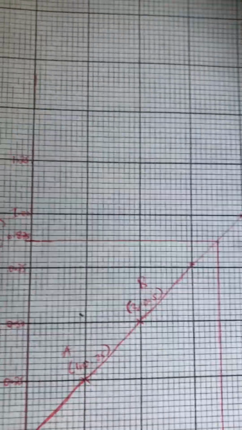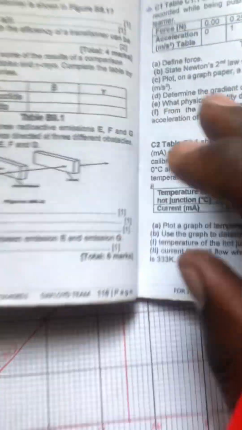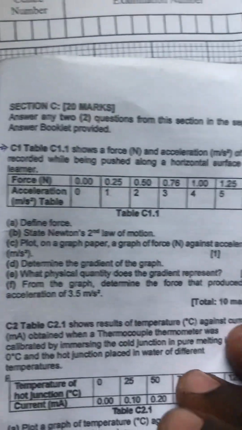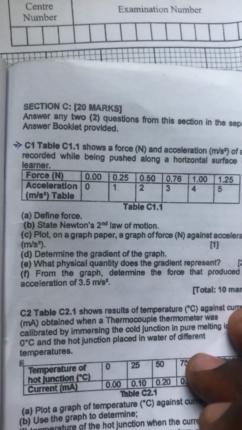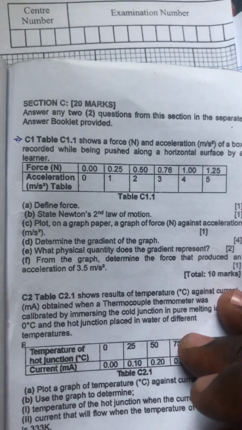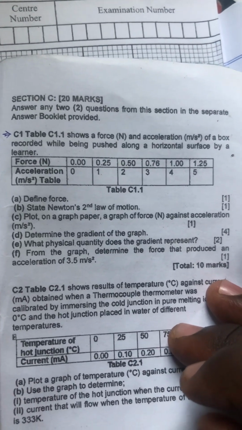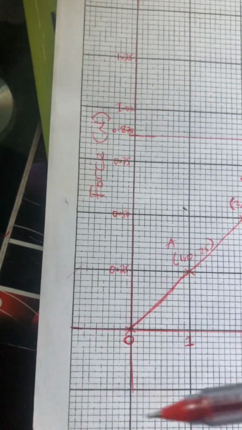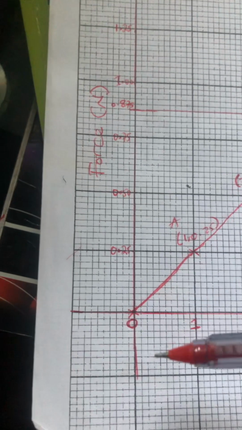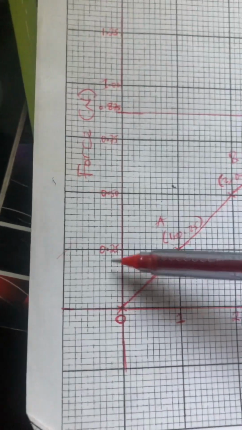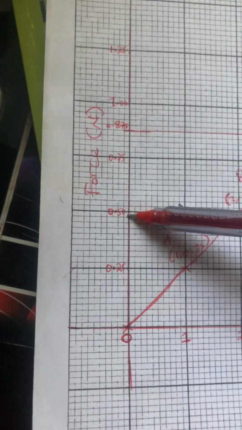In this case, looking at the results that we had in the table there, on forces we have 0.00 followed by 0.25, 0.50. So what I did, on the side of forces here, I had chosen a scale which was running from 0, 0.25, 0.50.